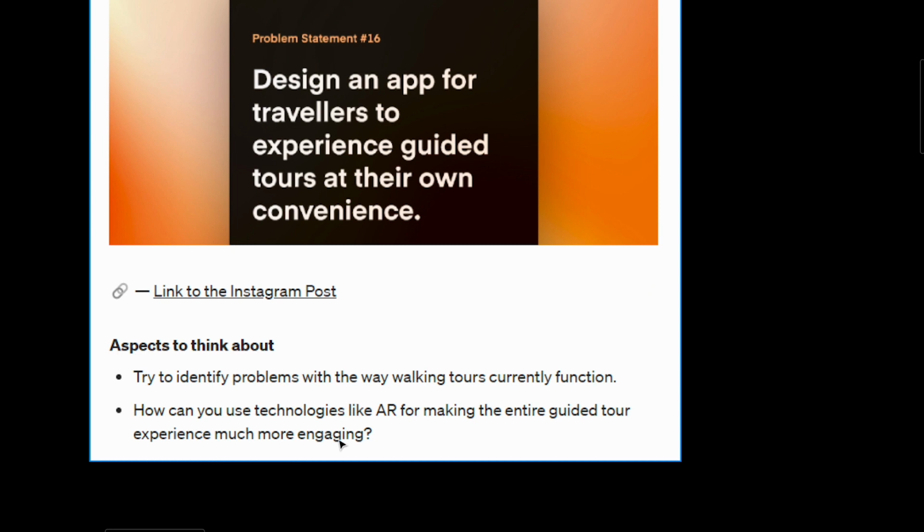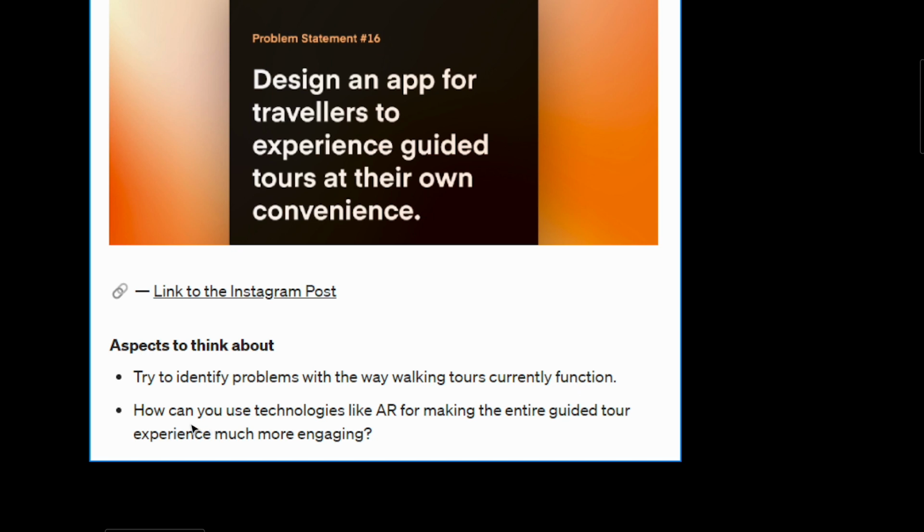Okay, and there were a couple of things that I had mentioned, and he's just taken a screenshot of that. So aspects to think about: try to find problems with the way walking tours currently function. If you find a lot of problems with the current way they function, you'll be able to come up with sensible solutions.